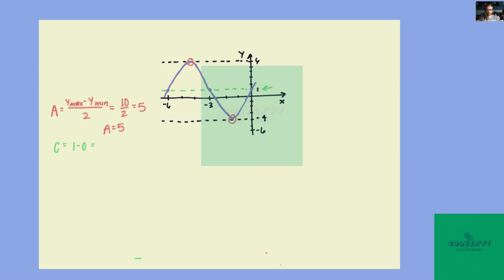So this means that our C value is going to be 1. Oh, sorry, -1. We want to do the, no, +1. Alright, that was correct, +1. Because if the graph was at the x-axis, it is shifted up 1.